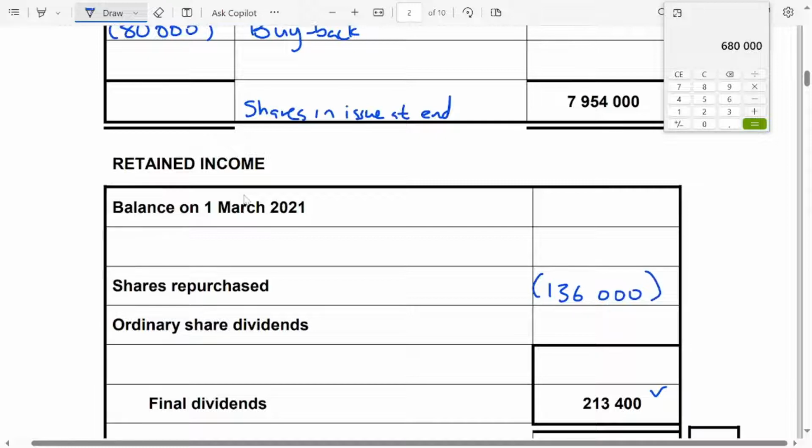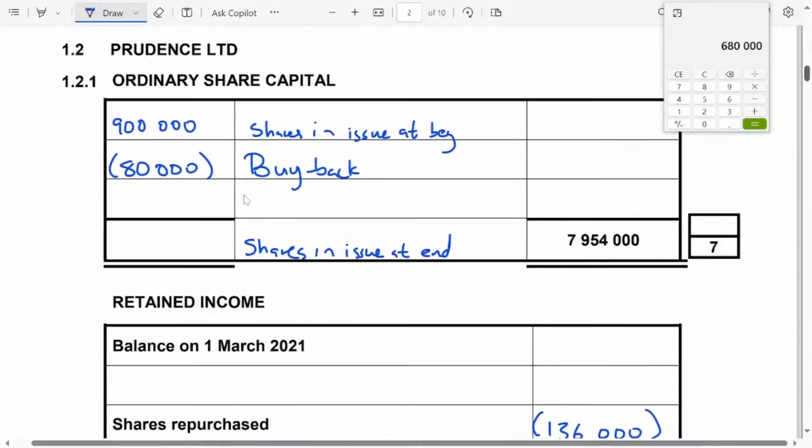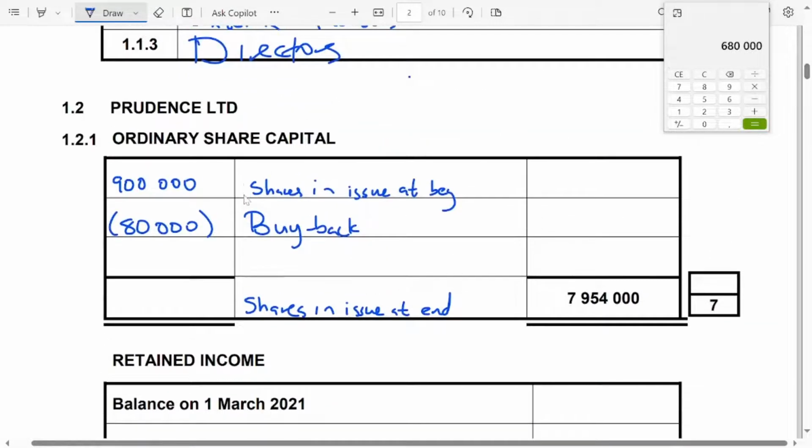Okay, the one that is above the average share price. And then the one for the average share price goes to the ordinary share capital, 680,000. Now let's find out how much the average price for the buyback is, because it was not given. So we're going to divide it by the number of shares. So it is 8 rand 50.